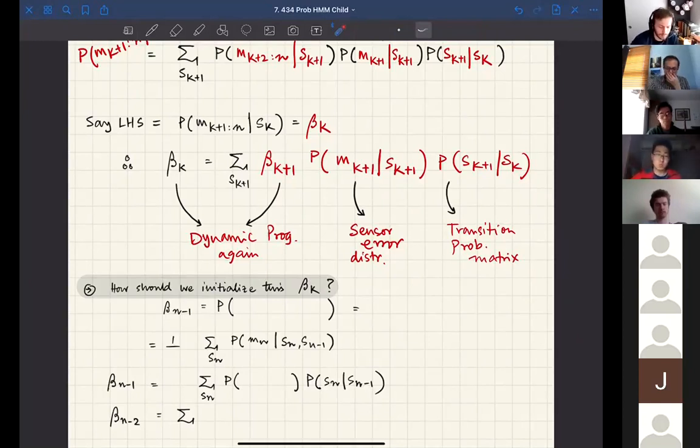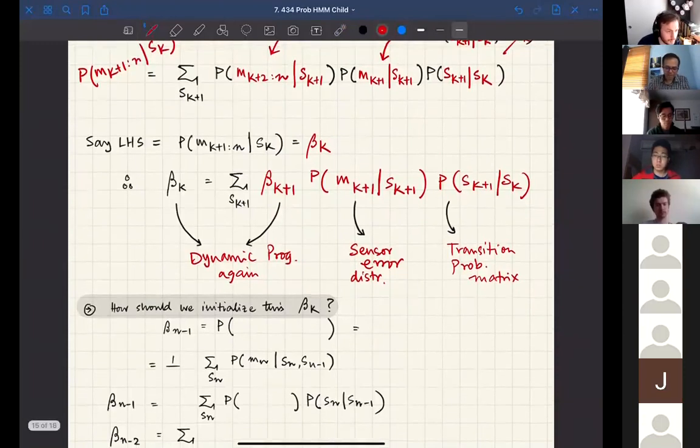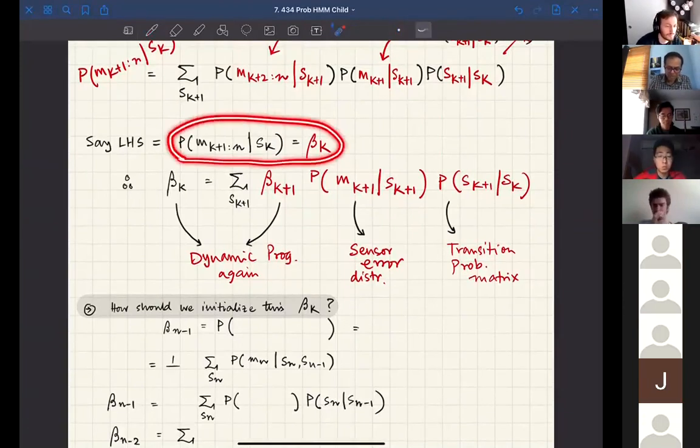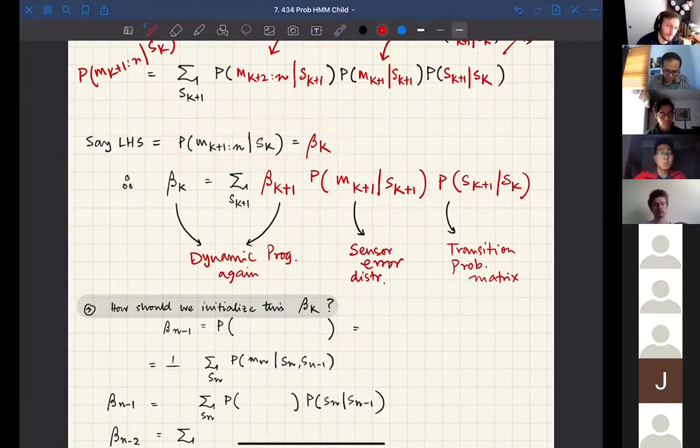Okay, so look, beta n minus 1, what is it? What do I write beta n minus 1 as? Because I wrote this one as beta k. P of mn given s n minus 1.